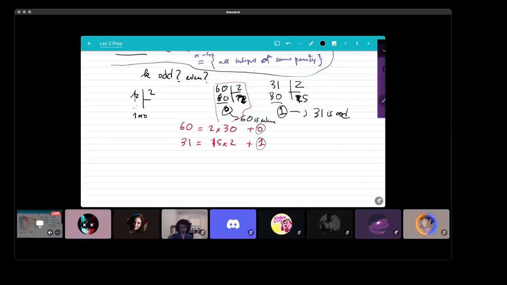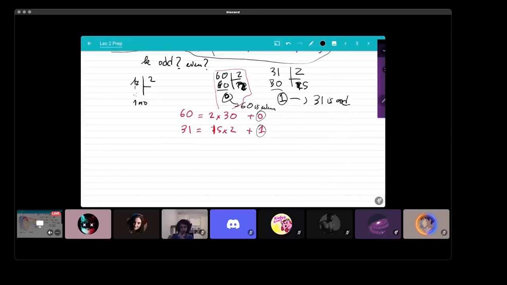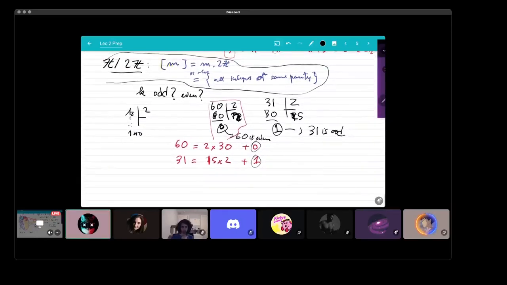So if we just rewrite this in arbitrary integers m, we can always, by dividing with 2, write m equals 2 times something plus a remainder, and the remainder is 1 or 0.